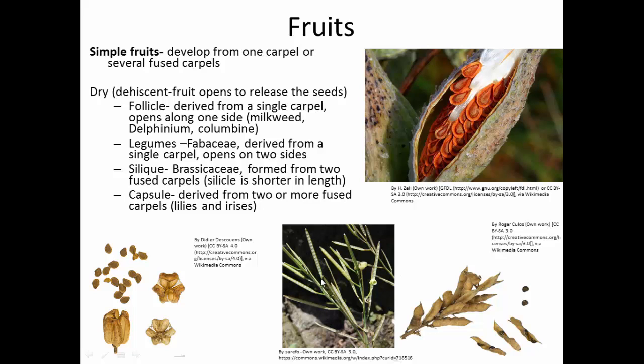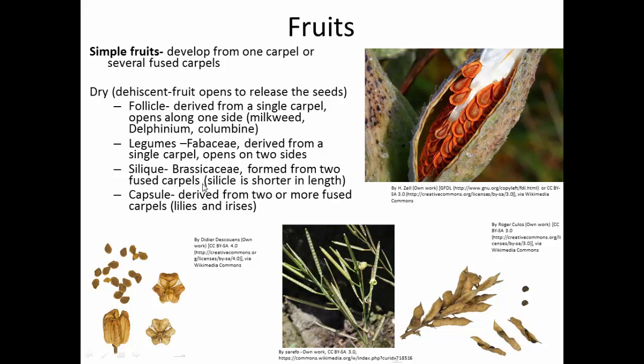As you can see, the two outer walls kind of roll up and fall off, and then what's left is a papery partition that lies in between the two sections or the two carpels. That's unique to a silique and to the Brassicaceae family. So that's what makes it a silique, that papery partition in between the two carpels.